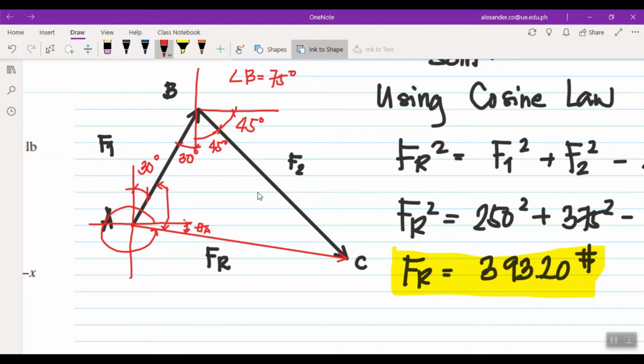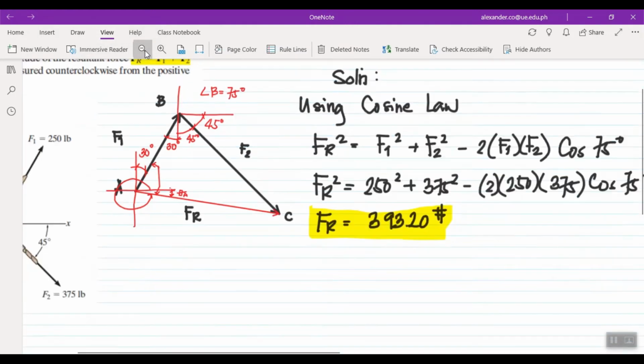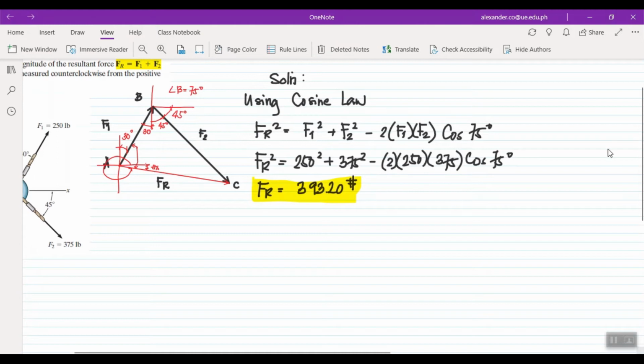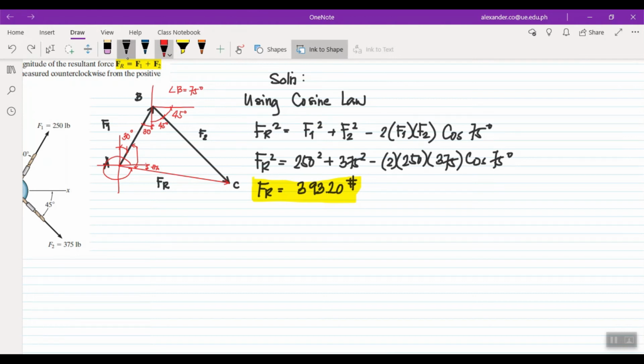Okay? So, paano natin kukunin yung angle A? Di ba, using sine law. Okay, solution, sine law. Tingnan natin. Medyo matrabaho lang, no? Angle A. So, ano yun?